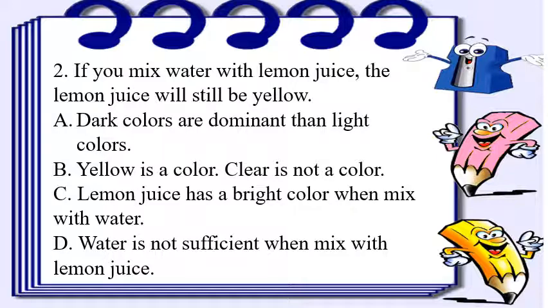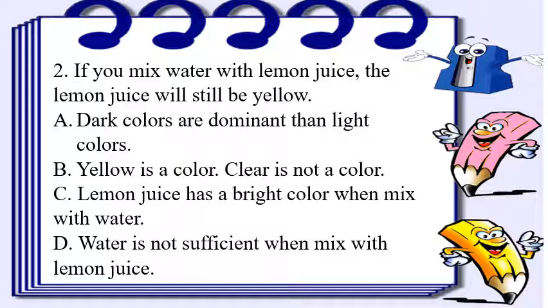Number 2. If you mix water with lemon juice, the lemon juice will still be yellow. What is the claim of the statement? Is it A, dark colors are dominant over light colors?